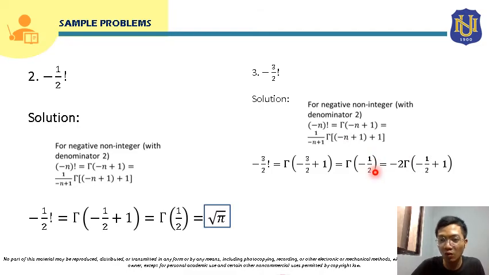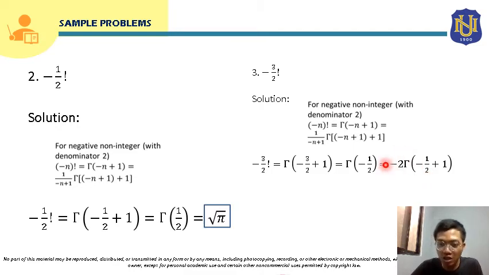In this case, our negative n plus 1 here is negative 1 half. So we will multiply this gamma function by the reciprocal of negative 1 half. The reciprocal of negative 1 half is negative 2.